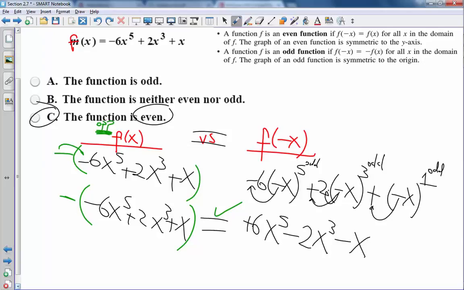So what does this say? What kind of function is this? It's an odd function because of the opposite sign of the original.